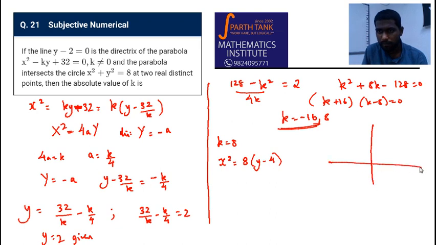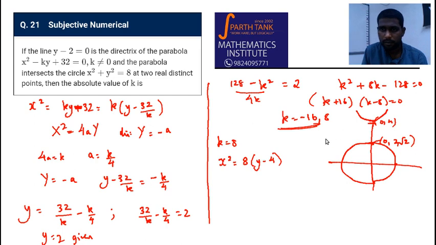And if you remember that this circle x squared plus y squared is equal to 8 has radius 2 root 2, right? 8 is 2 root 2 square. So this circle would be maximum 0, 2 root 2. This is 0, minus 2 root 2, and this is 2 root 2, 0, etc. But this parabola has vertex at 0, 4 and it is open upward. So it will not touch this circle at all. It will not intersect, not touch, nothing.